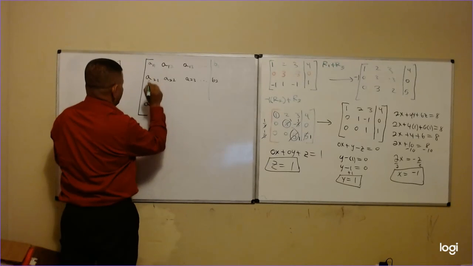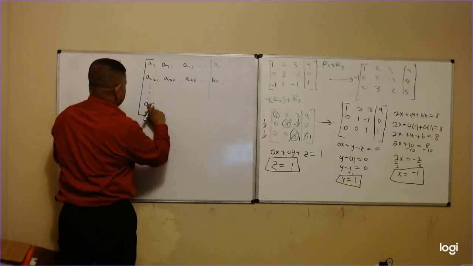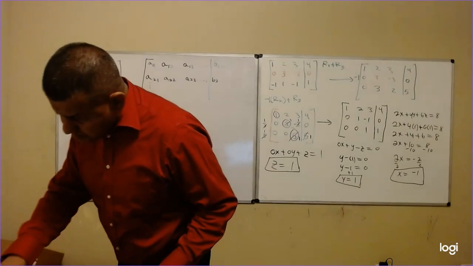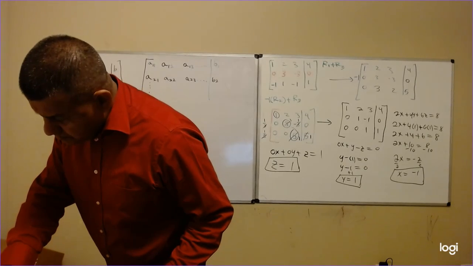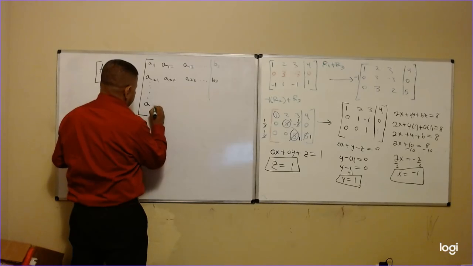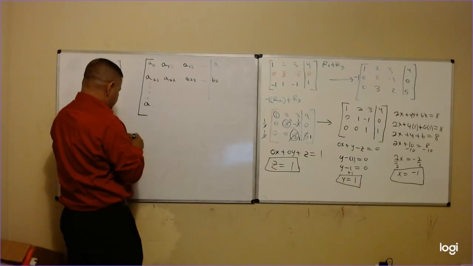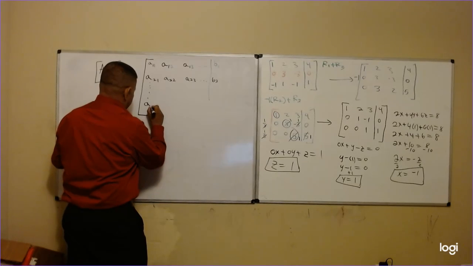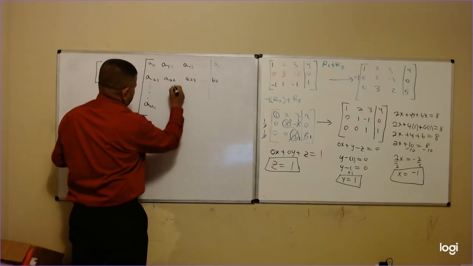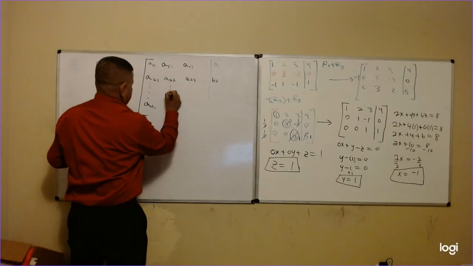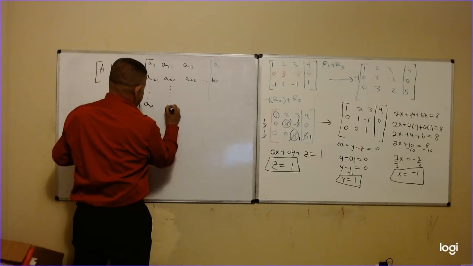Row N, you got like this, and of course, I think they got a drop in every single one, yep, like that, and they got an A, N.